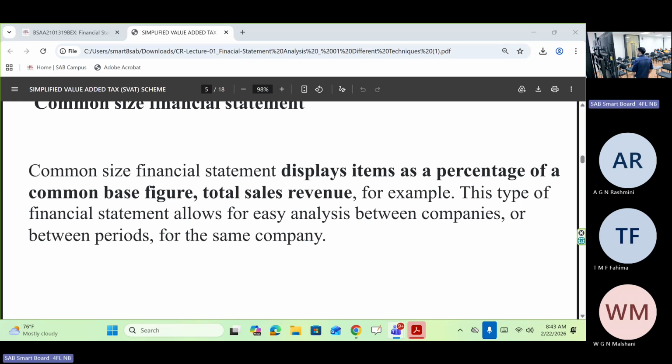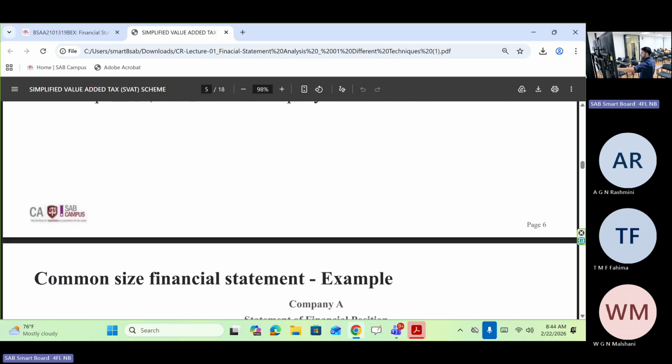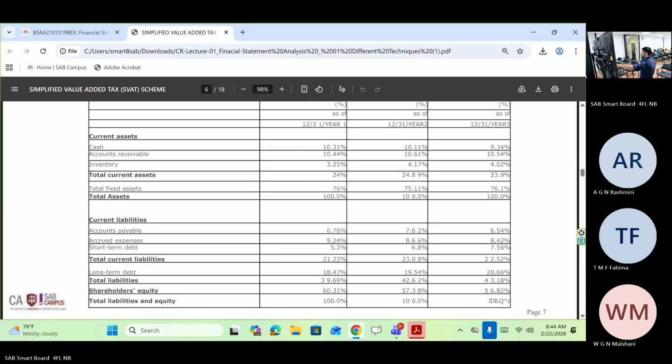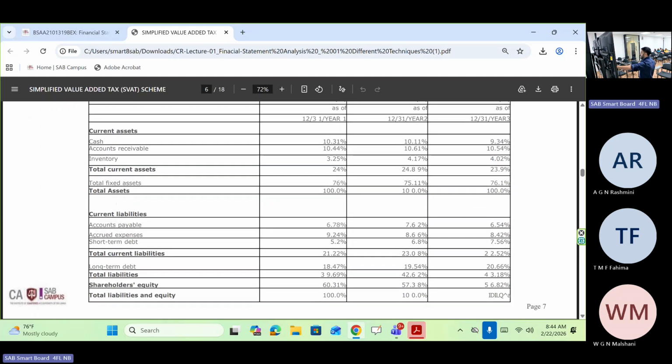You can do it using this one too, I'll try to make it here, but we have to use this board as well. We are discussing other techniques that can be used for financial statement analysis. As we discuss common size financial statements, this is how we are doing it.